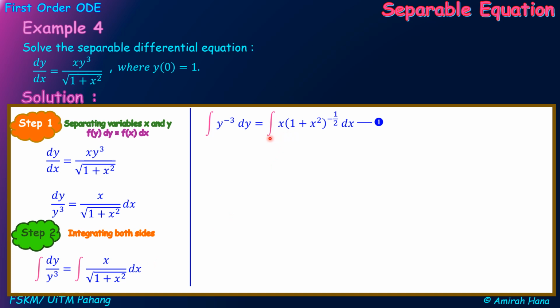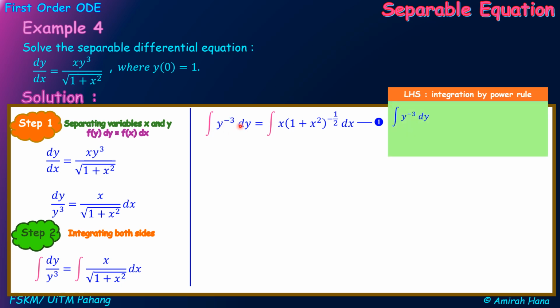Right, then we can name this equation 1 because we want to integrate one by one, right? For the left hand side function, we can integrate using the power rule. From the integration of y to the power of negative 3 dy, using the power rule, after we integrate, we have y to the power of negative 2 over negative 2 plus c.